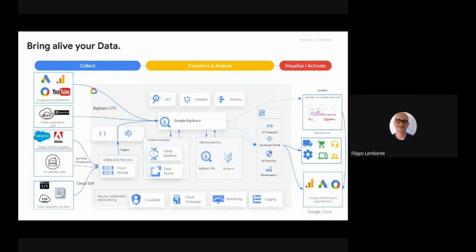So if I have this type of data that makes sense to expose to a third party, Apigee is going to play an important role, because that data can be wrapped with Apigee and considered as a data product.